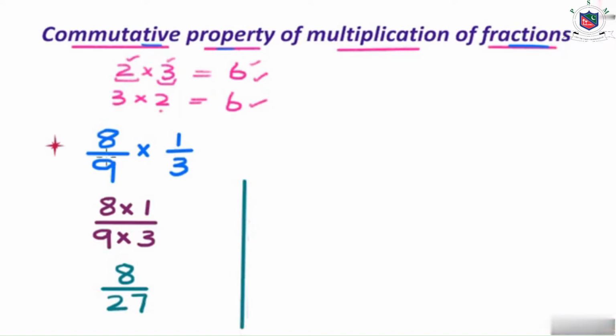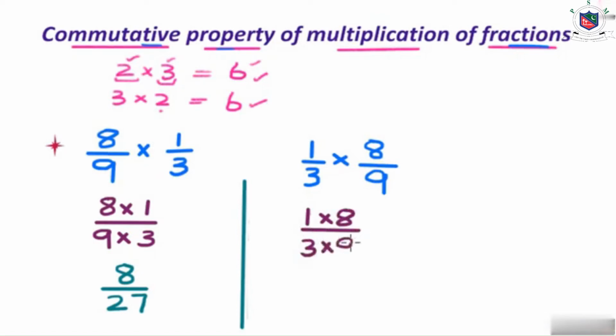Let's mark the line, and on the other side just change the place of both fractions and then multiply. So 1 upon 3 multiplied by 8 upon 9. In the same way, we multiply 1 by 8 as both are numerators, and 3 by 9 as both are denominators.